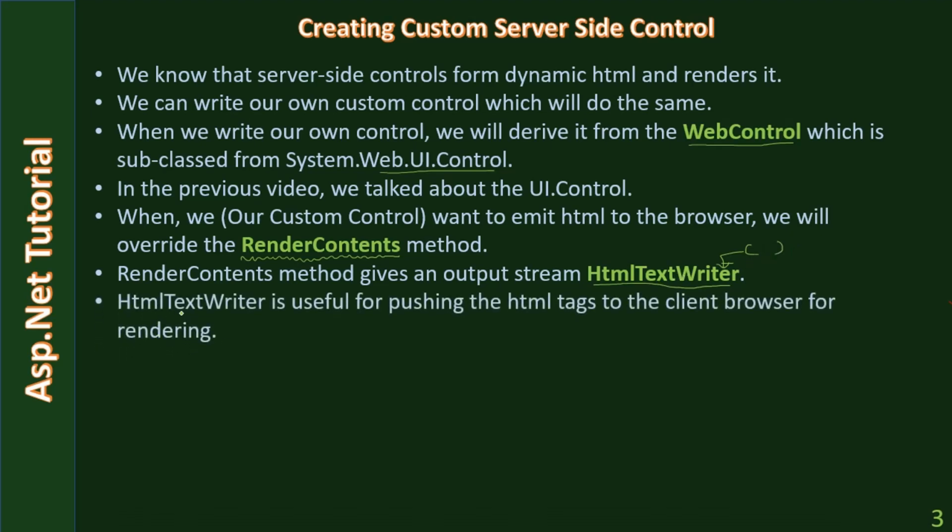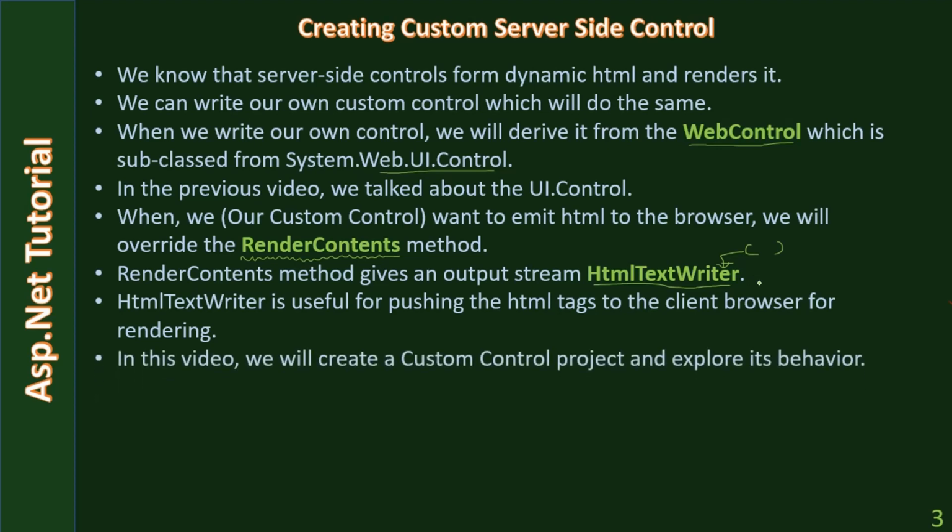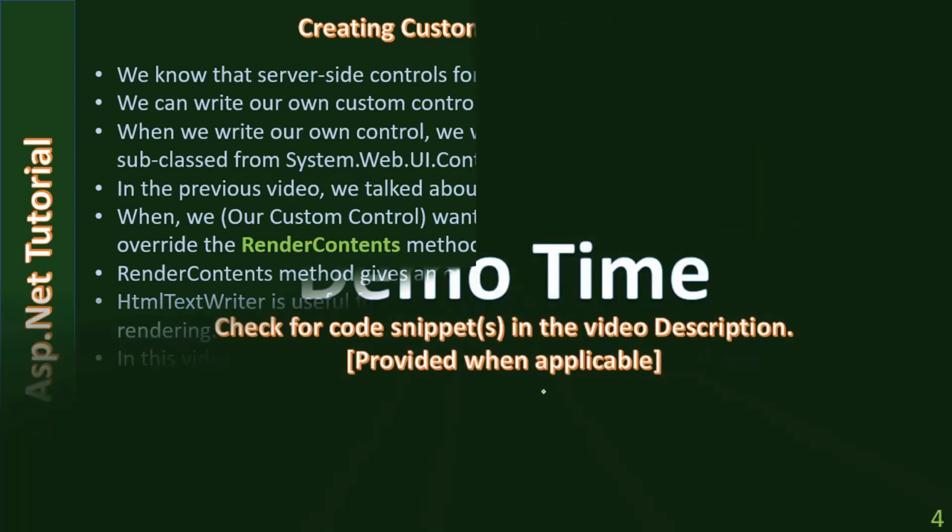The HtmlTextWriter is useful for pushing HTML tags to the client browser for rendering purposes. That means whatever you write will be the content of your custom control's output. In this video, we will create a custom control project and explore its behavior. Now let's go to the demo.